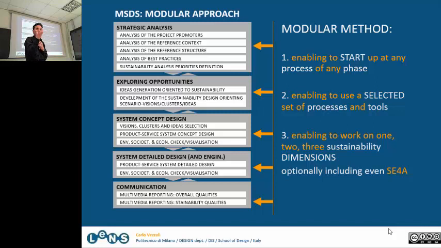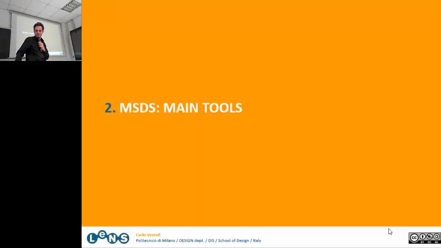So it has been structured so that you can adapt it to your own way of designing, or even to the procedure of a company, because big companies have a procedure, not rigid, but one that they have to follow to design. And so to have it modular helps. Said this, what are the main tools?